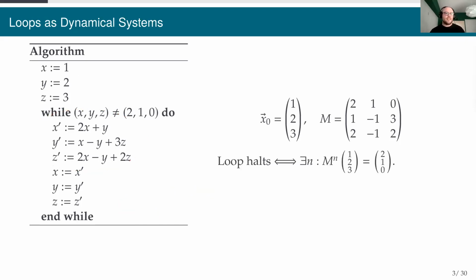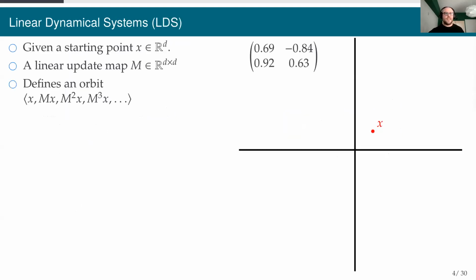Now, inspecting this while loop, you see that your loop will halt if and only if there exists an n such that the nth power of your update matrix applied to your initial point equals this target point, 2, 1, 0. Geometrically, you have a dynamical system: you have your starting point in ambient dimension d, a linear update map M, and you define an orbit of this point.